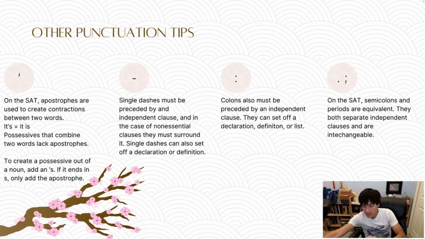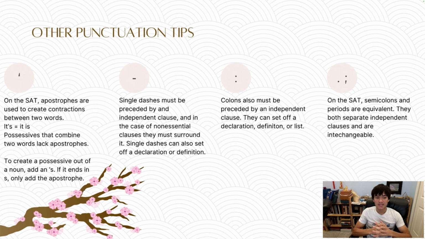A contraction is not possessive, okay? And of course, to properly create a possessive out of a noun, add an apostrophe S, and if it ends in an S, only add the apostrophe, and that will make it possessive, okay? Now remember this. This is very important. It's, or any type of contraction like that, will never be possessive.